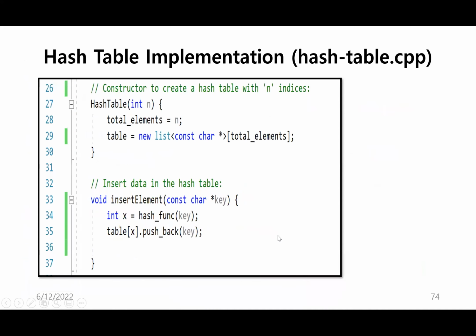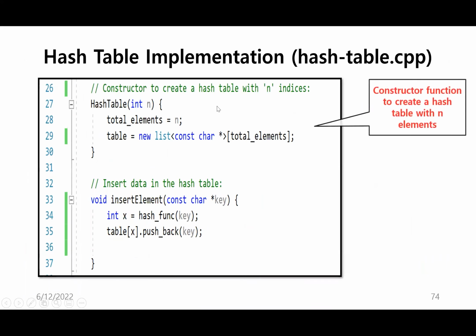Okay, and inside the struct hash table, I also have this function, the constructor, which I will call when I generate the hash table. It will help me to initialize my hash table to the number of indexes that I want. And inside my hash table, in every index, I will store one linked list.